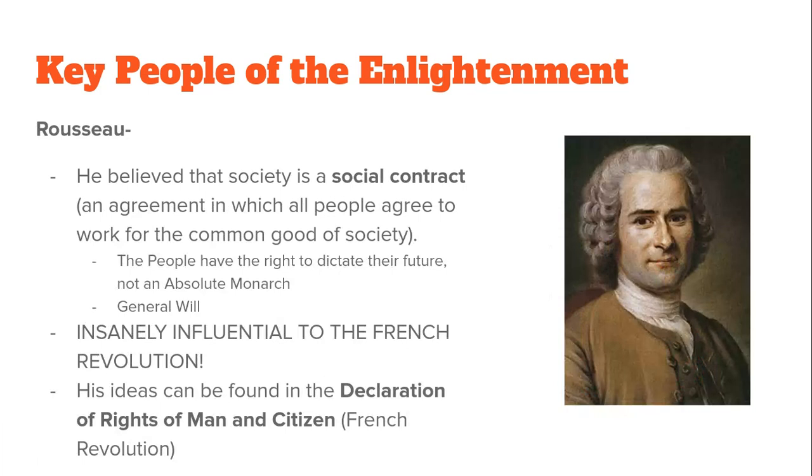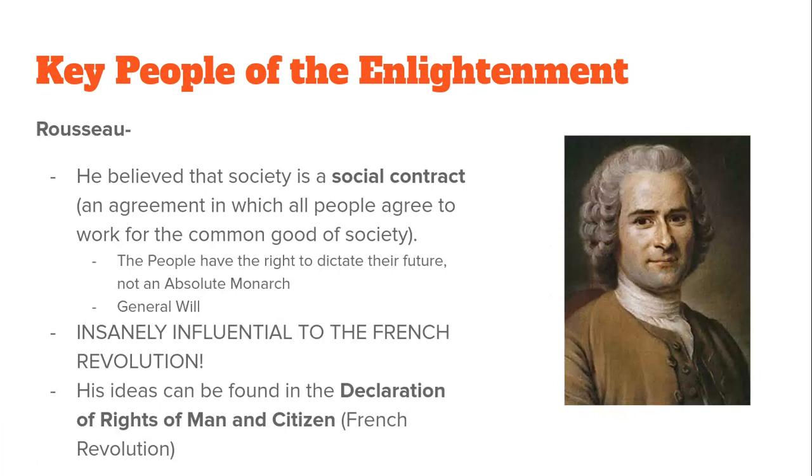Now, Rousseau's thoughts are complex, and I'm not going to go too deeply into them. Because the video would be over an hour at least at that point. But just understand that these ideas of equality and that the source of power coming from the people are completely enlightened thoughts, right?